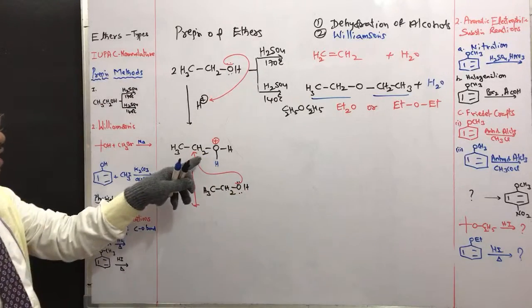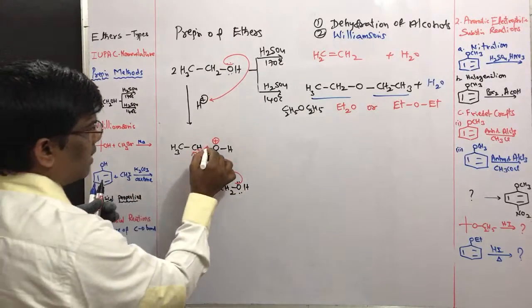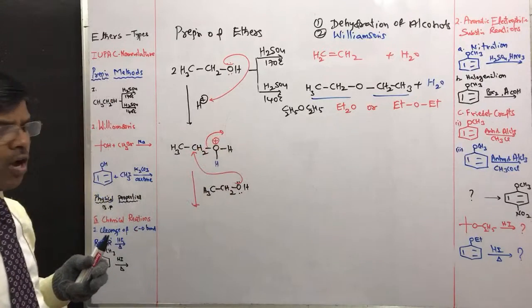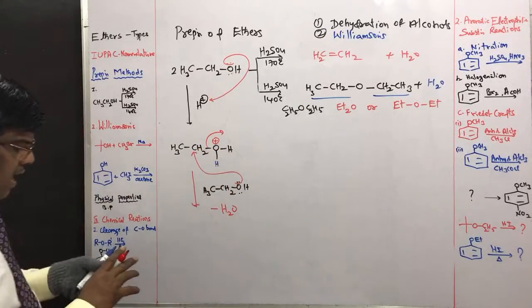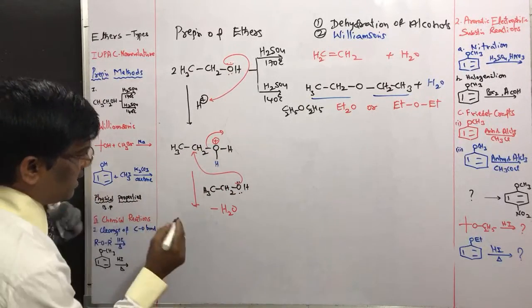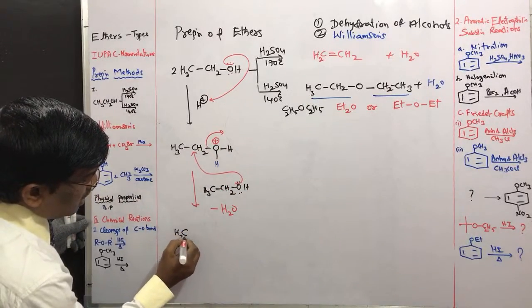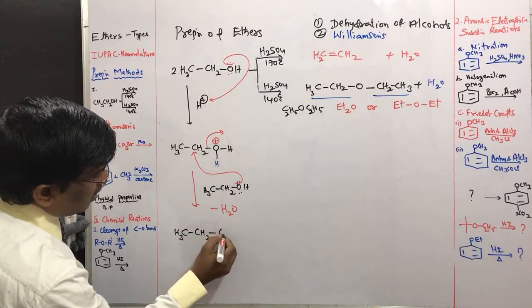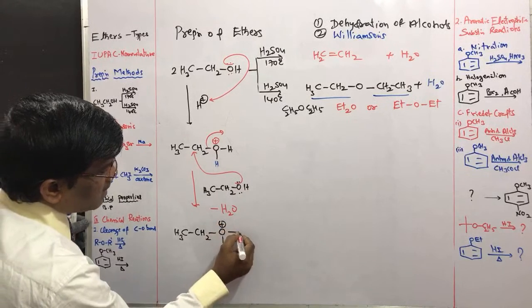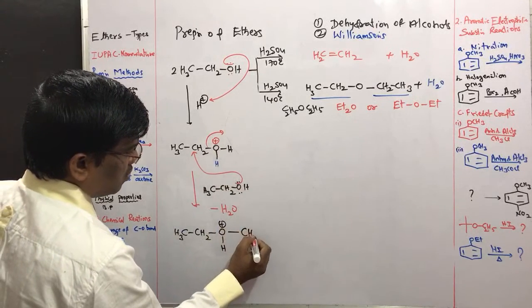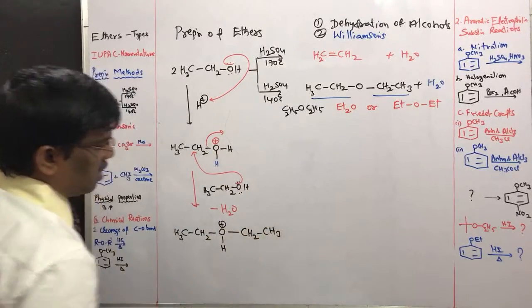It is going to attack, and water goes out as a water molecule. What is left over here is CH3, CH2 and O, hydrogen is present here, plus CH2, CH3.